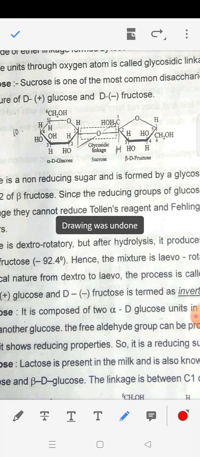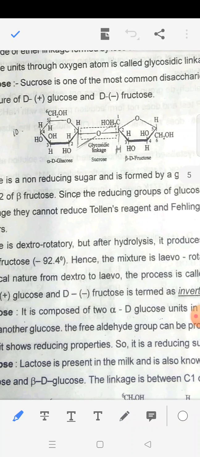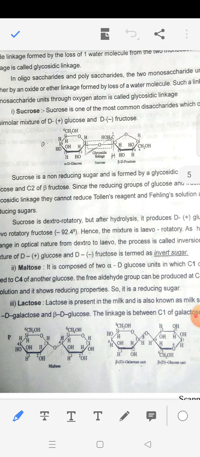Since carbon 1 in glucose contains the aldehyde group and carbon 2 in fructose contains the ketonic group, these are the points which behave as the reducing groups. Since both the groups are involved in the glycosidic linkage formation, sucrose will not be a reducing sugar, because its reducing groups are involved in glycosidic bond formation.